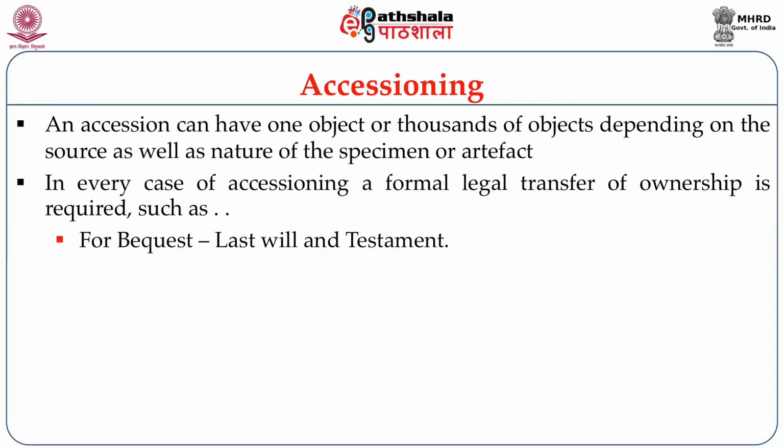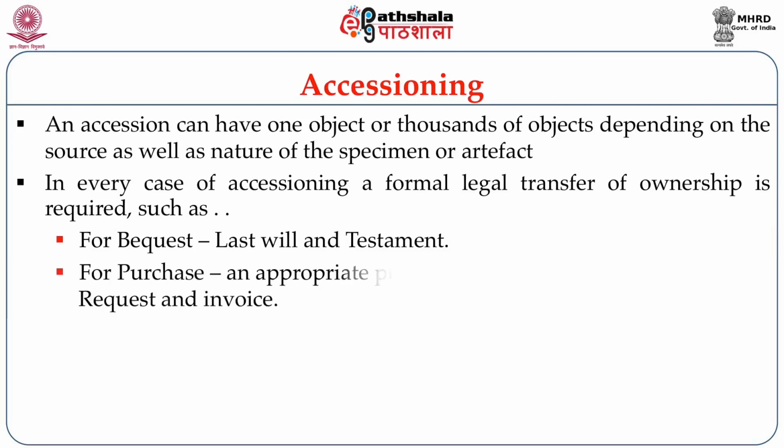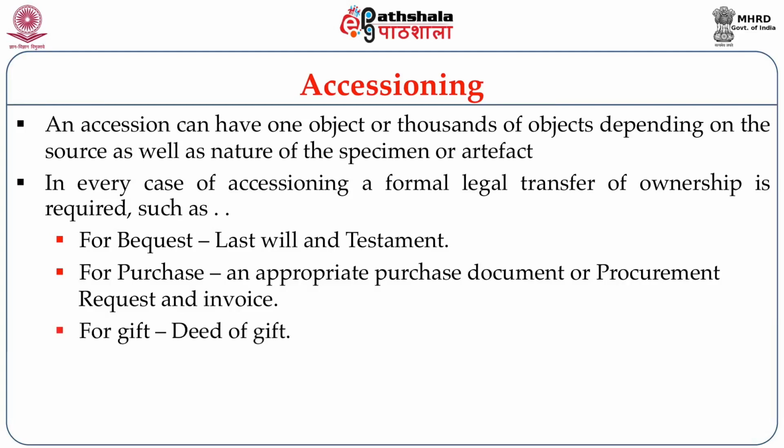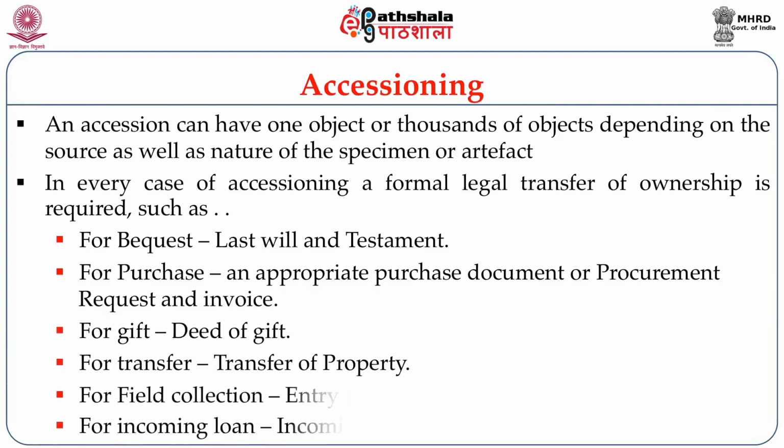For bequest, we need a last will or testament. For purchase, an appropriate purchase document or procurement request, an invoice. For gift, a deed of the gift. For transfer of property, a transfer document. For field collection, a field receipt, etc.